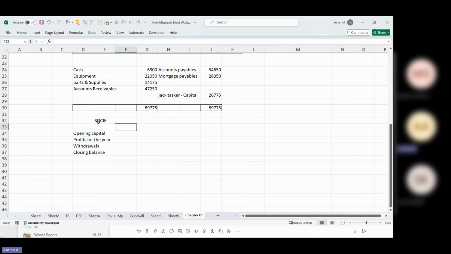So opening capital would come just as a number. Profits for the year would be added, so you plus it. Withdrawals is negative. Also, another thing that can come here is investment by owner.